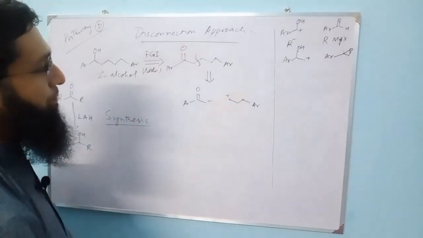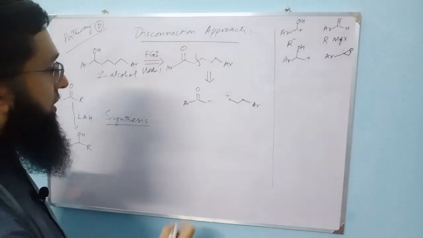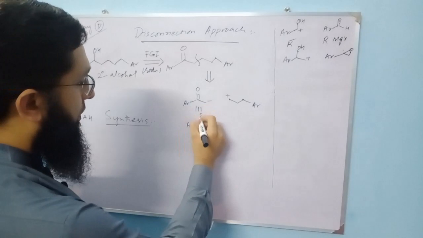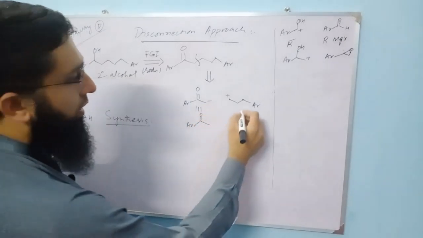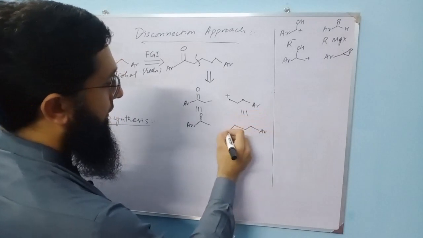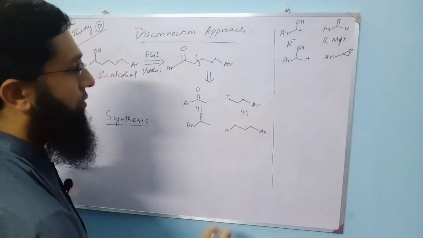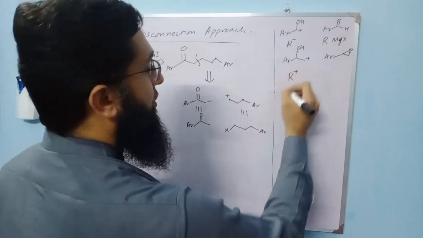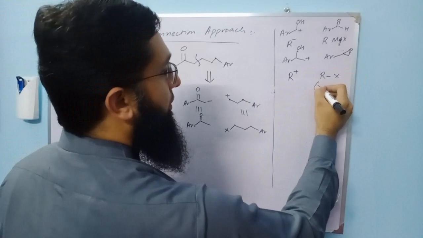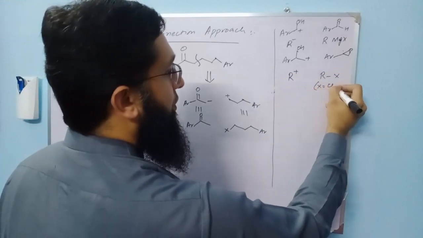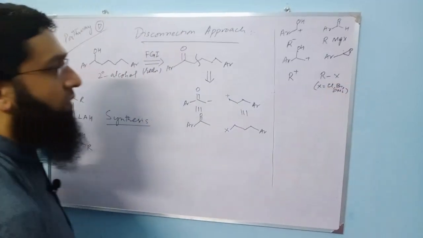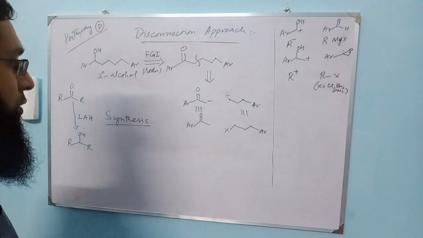So we will have this, and the reagent for this one is the corresponding ketone, and for this one is the corresponding alkyl halide. So I add here as well. When there is positive charge, we have RX. X can be chlorine, bromine, or mesylate, because they are all good leaving groups.